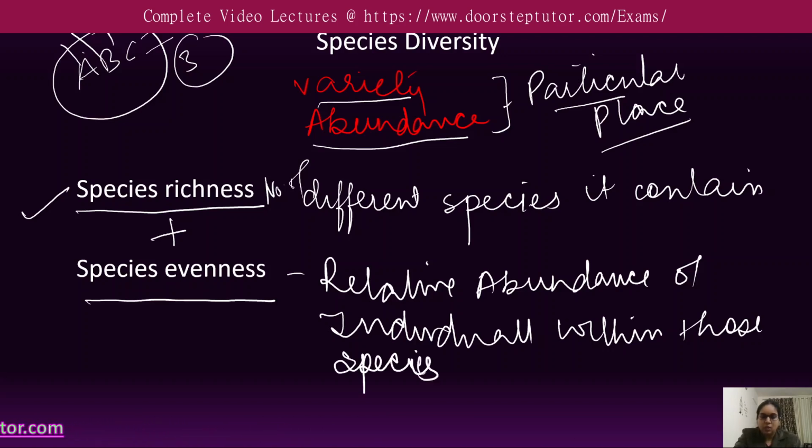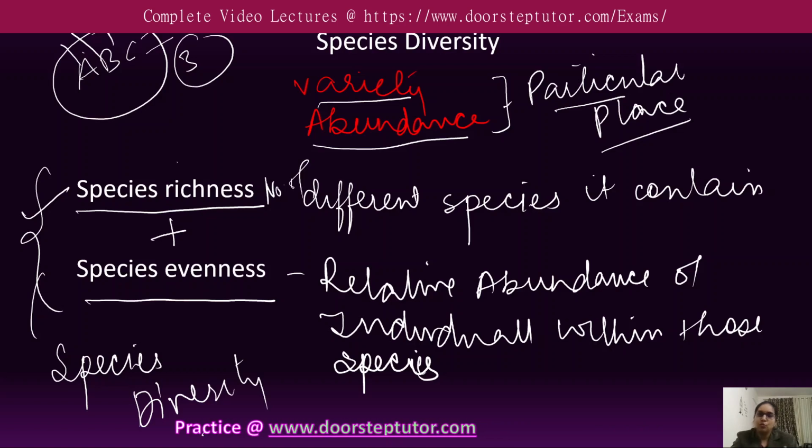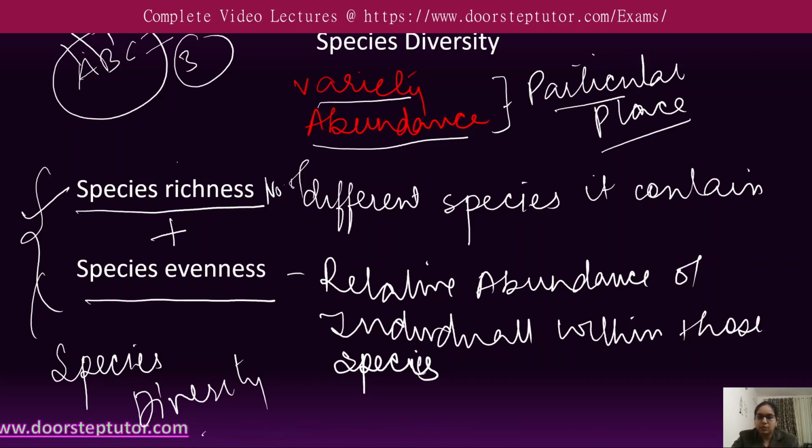So species richness is always coupled with species evenness, and together they make species diversity. Richness means the total number of species in a particular area. The species diversity of communities varies with geography.